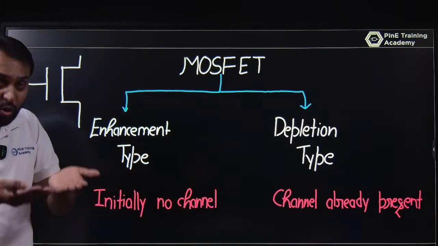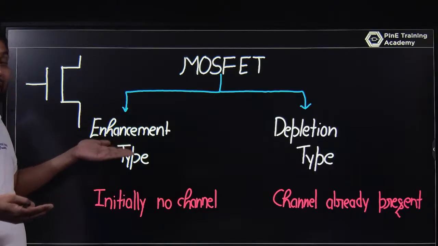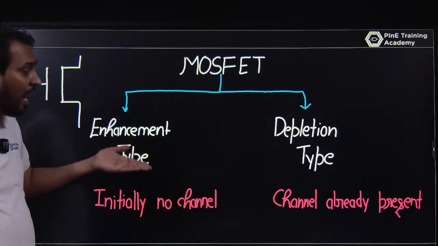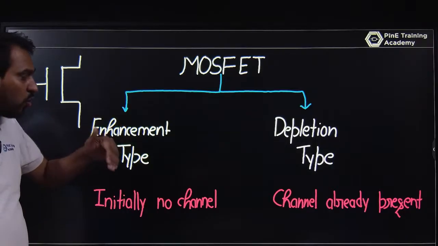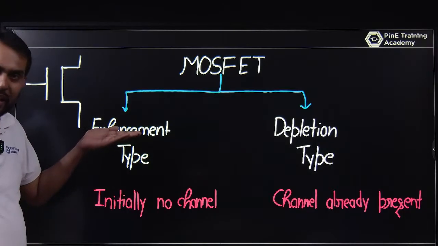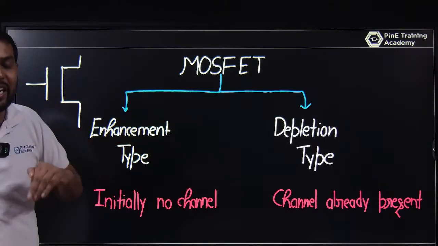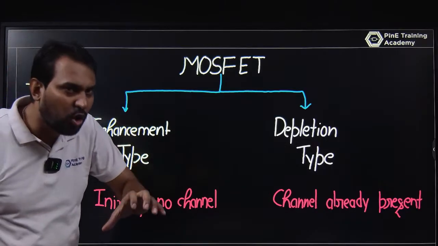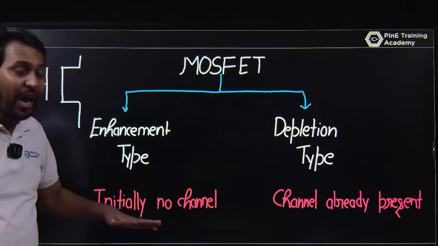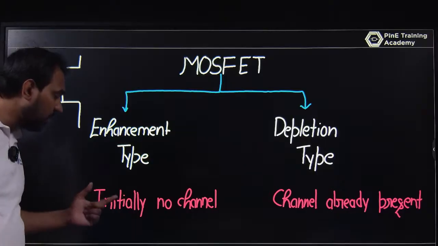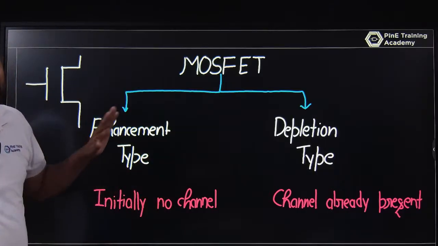You are fabricating the channel by the help of gate to source voltage. Means if gate to source voltage is 0, there is no channel, and the current is 0. So initially no channel is present in enhancement mode type.